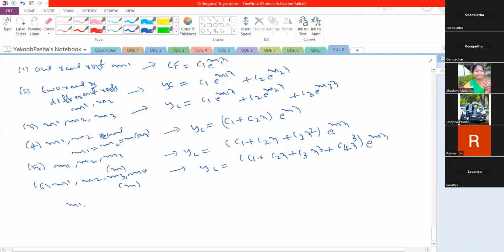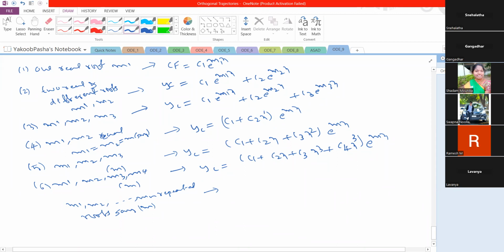m1, m2, and so on up to mn are repeated roots, say m. So the complementary function, different options are given here. For n repeated roots: for two repeated roots, c1 plus c2 x power 2 minus 1, this is 1, meaning 2 minus 1.